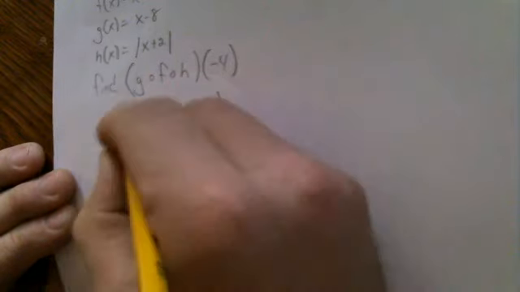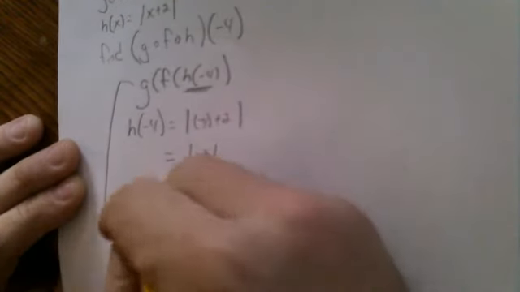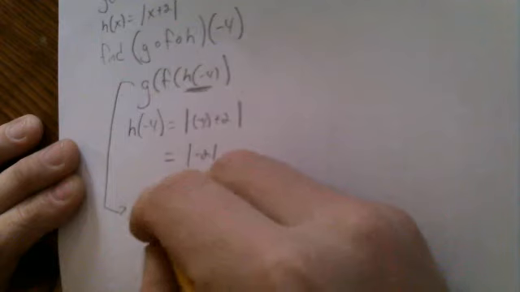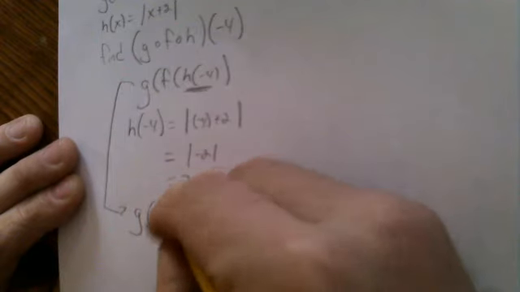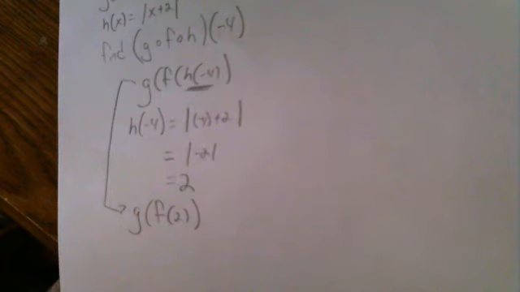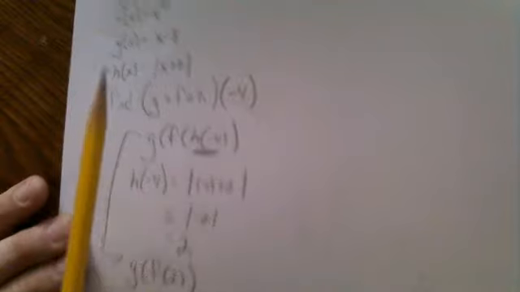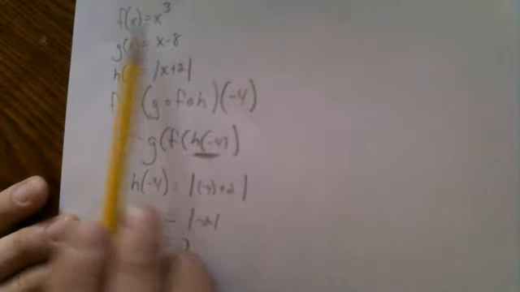So now we could rewrite this as g of f of 2. That means we're looking for f of 2, which means plug 2 into f. Here's the rule for f.